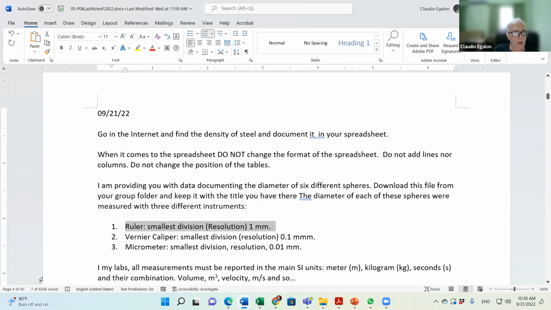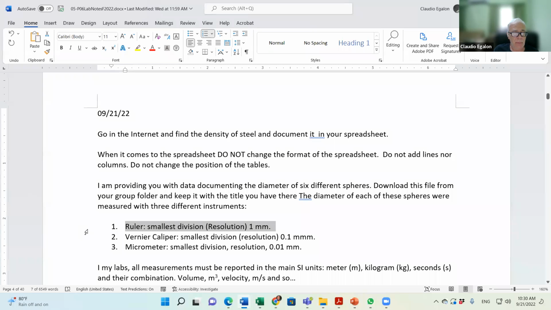In the case of the ruler, the smallest division is going to be 1 millimeter.